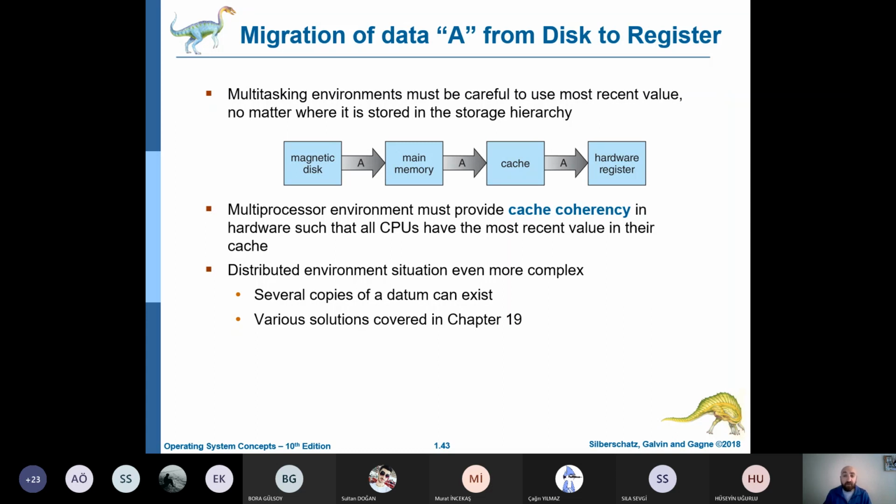This situation is called cache coherency, and is usually a hardware issue and handled below the operating system level. But at some points, we have to consider that we have a risk like that.